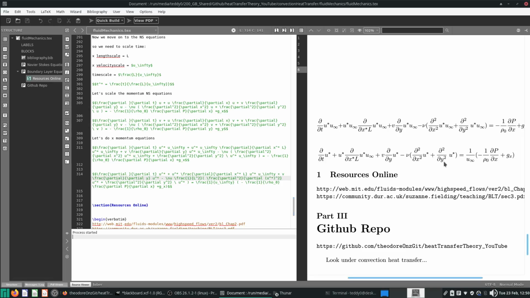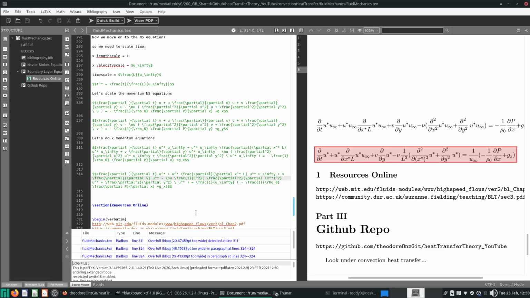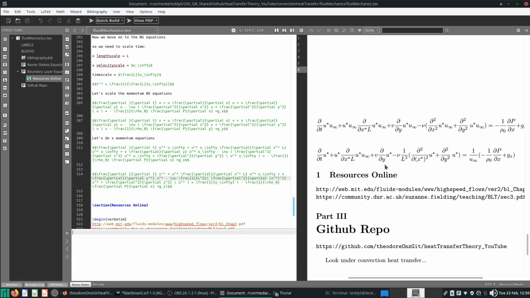What do we do with y? Y, we can scale by the momentum boundary layer. So I'm bringing this out here. So let's do that for y. So y star, and same procedure. We'll just bring out the extra little factor there.